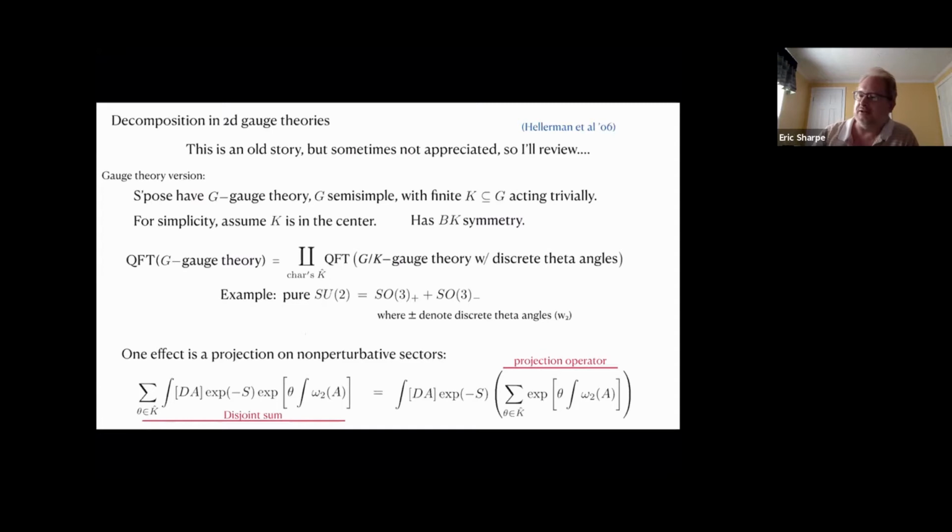And when I do so, that sum over discrete theta angles and that weighting of the path integral measure combine to form something that is proportional to a projection operator. And schematically, this is what I mean by decomposition implementing a projection onto non-perturbative sectors. That sum over components, that sum over universes, is, at least in this formal argument, implementing a projection operator.